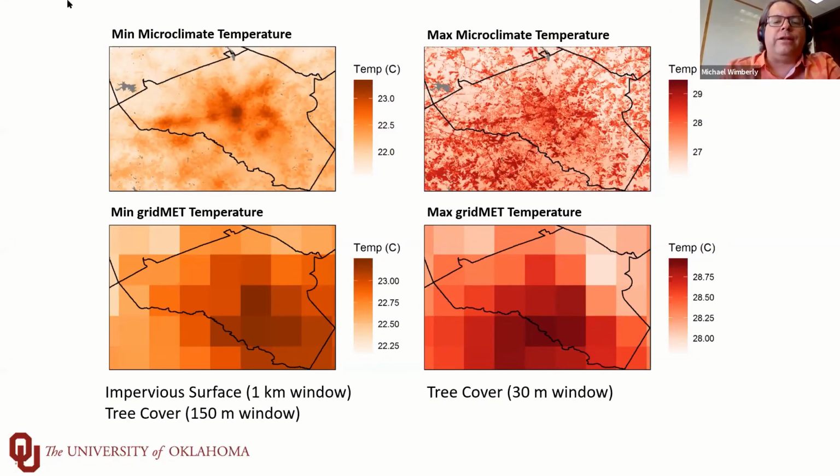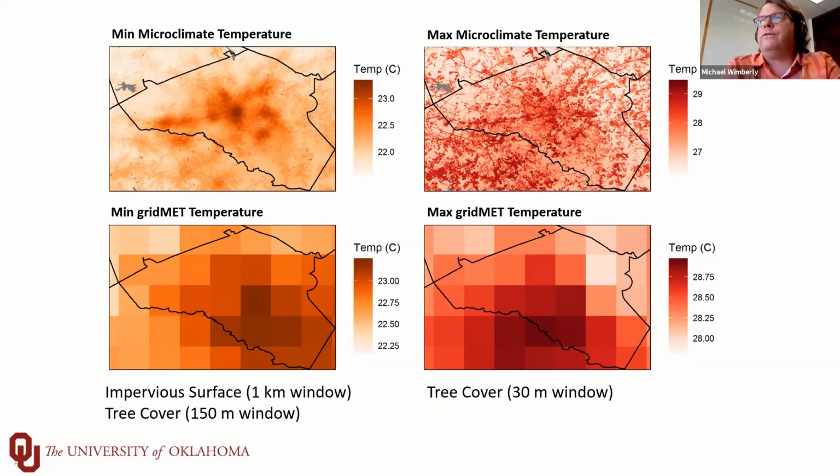And when we downscale it, you can see that we start to pick up some land cover related patterns that you just can't see in those coarser gridded data sets. If you look at the minimum temperature, that's essentially responding to an urban heat island effect. So that minimum nighttime temperature is going to be warmer where you have large concentrations of impervious surface.